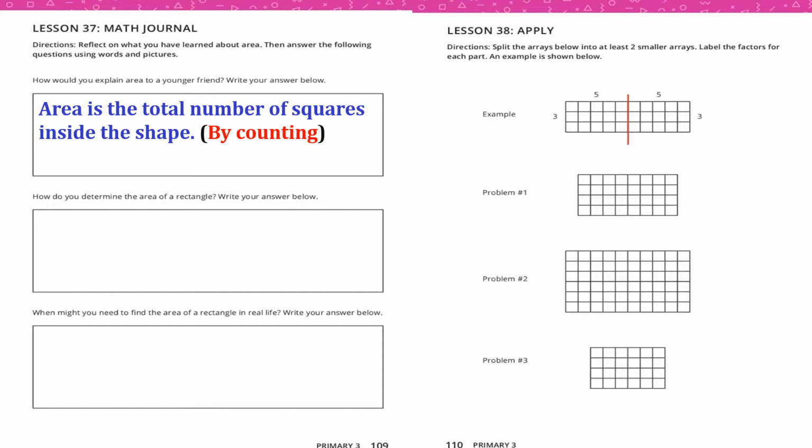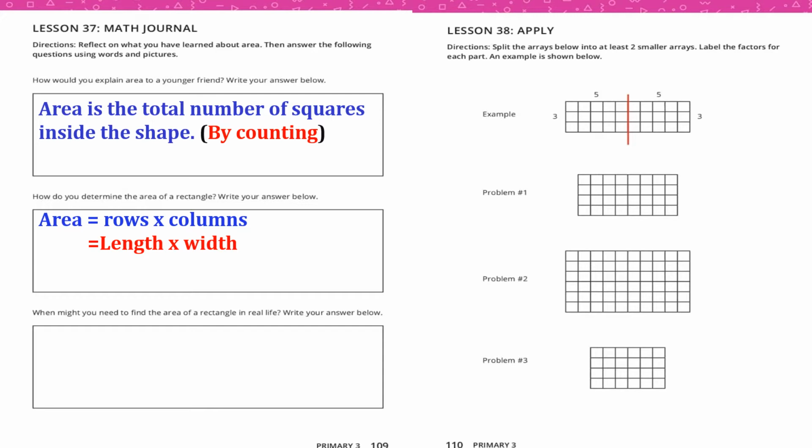Number 2: how do you determine the area of a rectangle? Write your answer below. If I have a rectangle, I will multiply rows times columns, or I will multiply length times width. What are length and width?